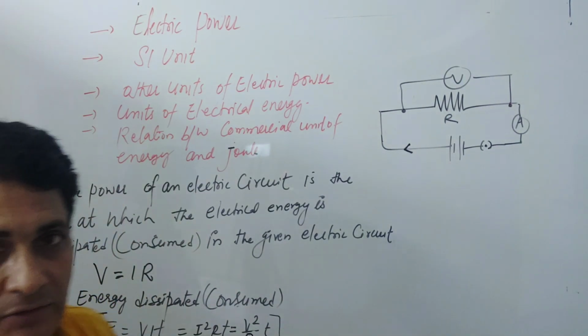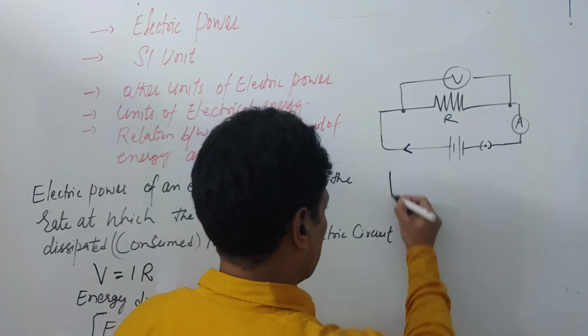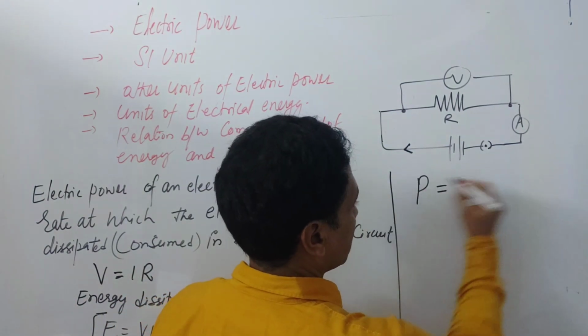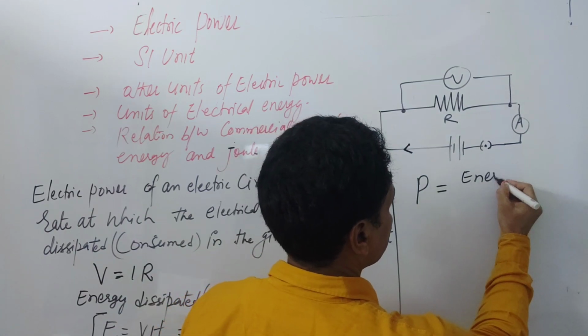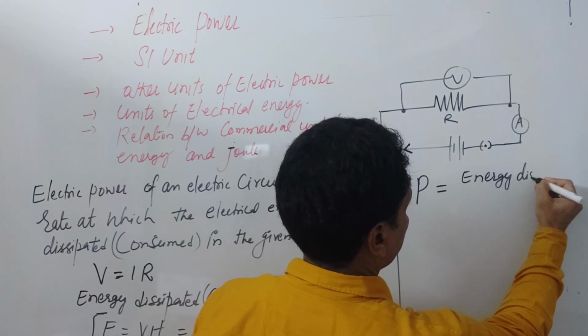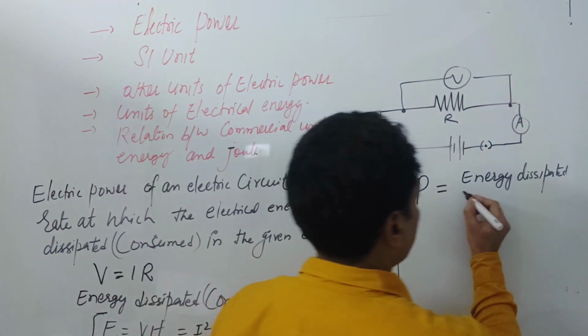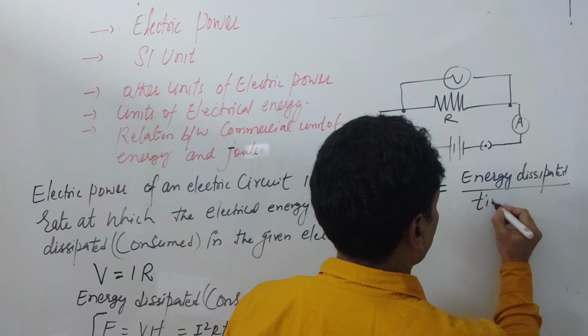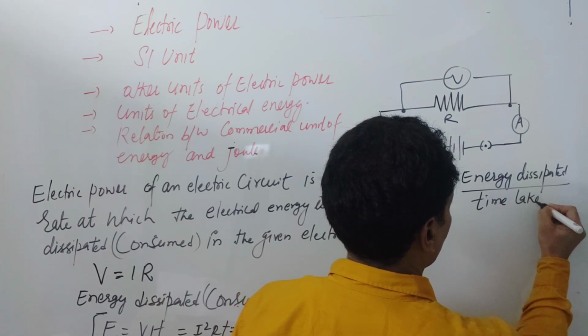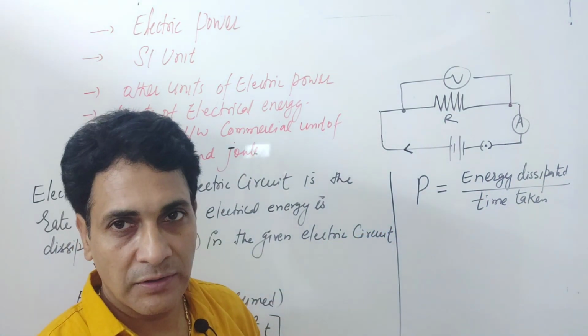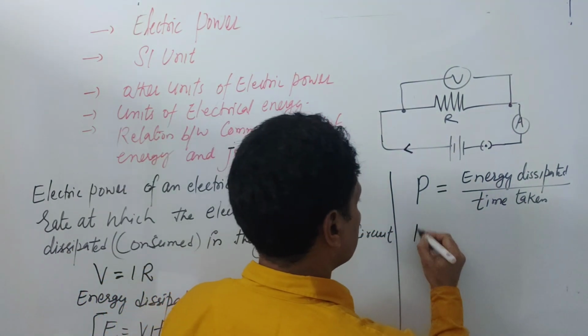Now we have to find out the power. Power consumed is equal to energy dissipated upon time taken, the rate of change of energy with respect to time. What is energy dissipated?